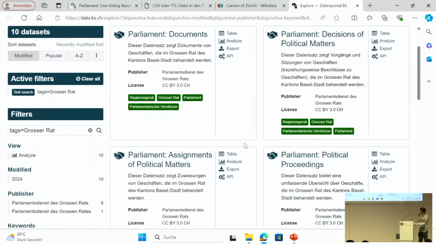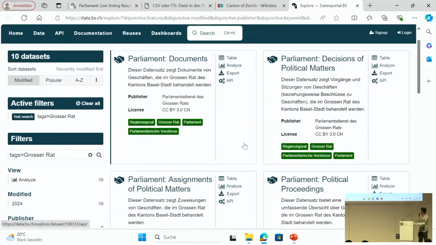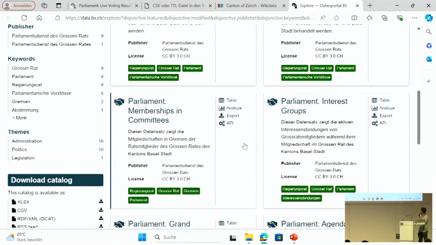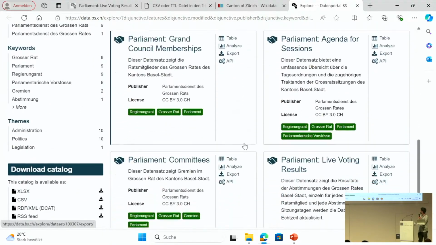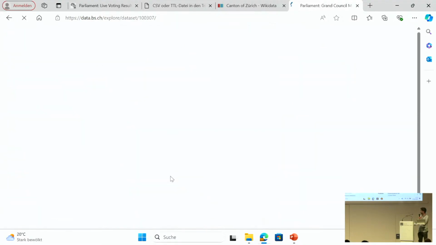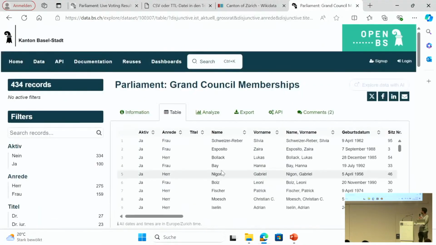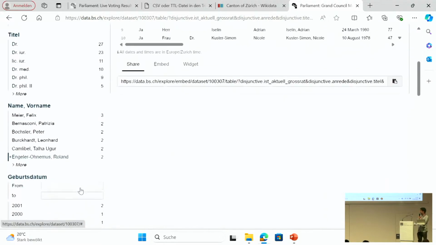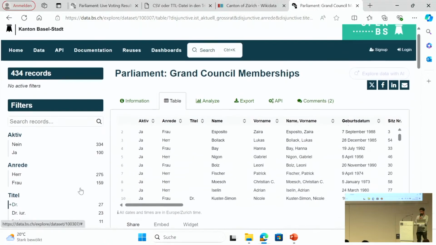Okay, so we are interested in the members of the parliament. Here, Grand Council memberships. And you see there are 100 members of the parliament, and we have this kind of data, but we are interested just in one of them.